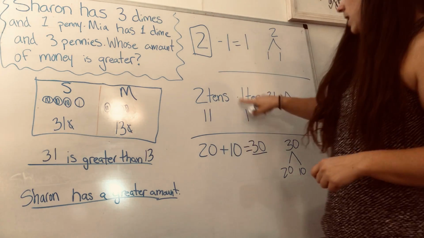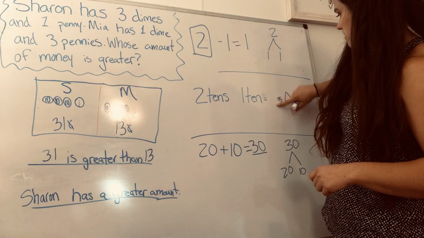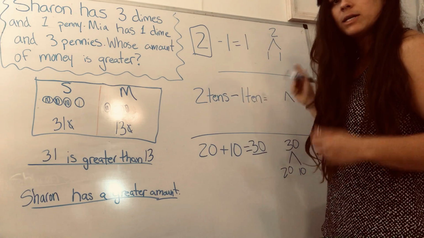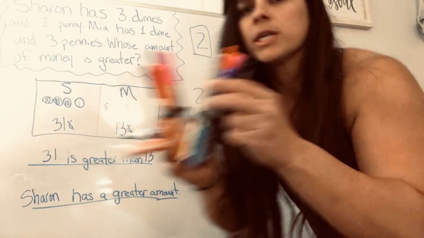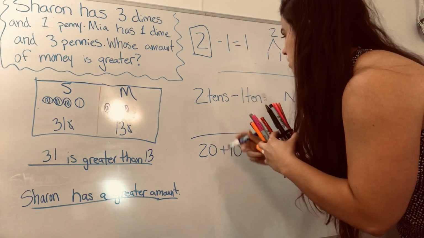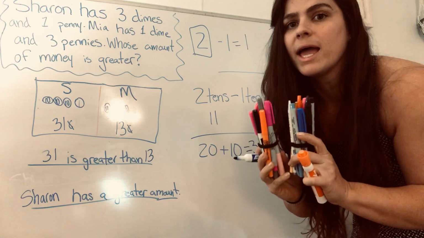Now let's do it with our tens. So again, erase my drawing so I can start over, erase my answer. 2 tens minus 1 ten equals what? So let me show you my pens again. Here's my 2 tens. I only need to draw 2 tens because now I'm going to take away.